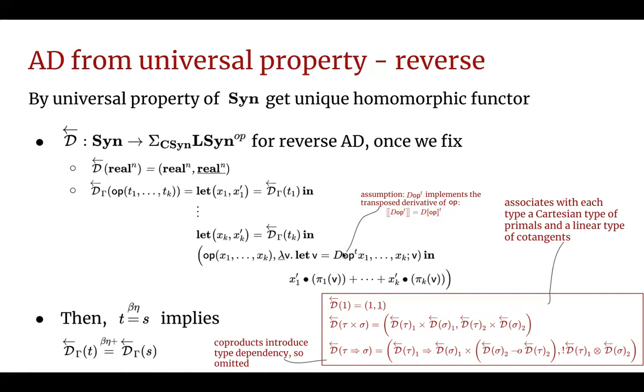And again, we need to have a program in our language already that implements the transpose derivative of all of our primitive operations. And as long as we have that, then we can get started. We have a formula for differentiating the basic operation, and then the category theory does the rest. And we get these formulas again that come from the categorical structure of these contravariant sigma types of categories.